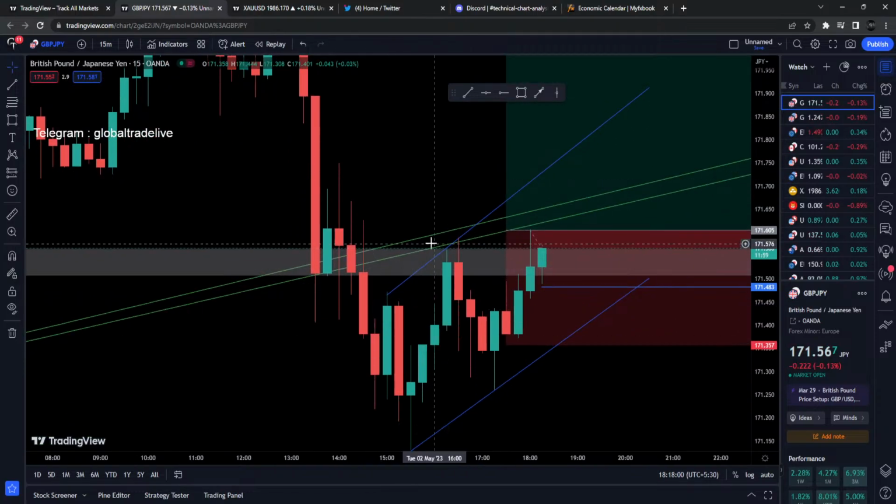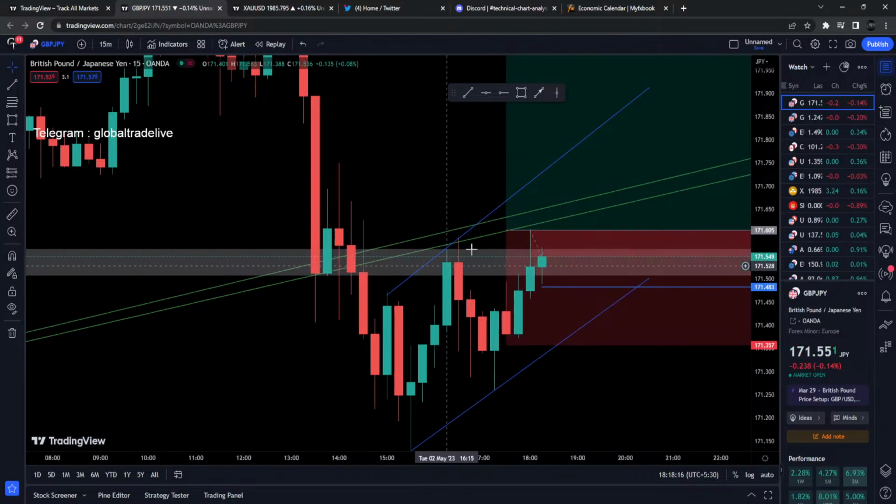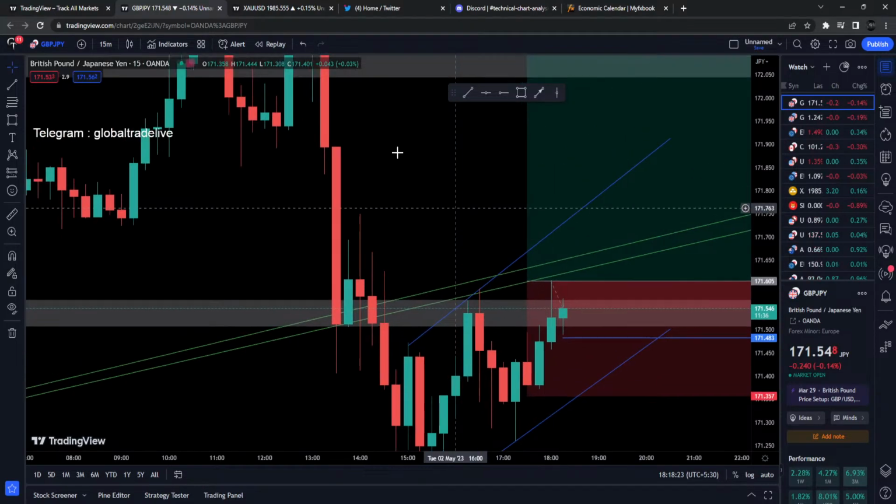So for now I can see that there is a channel over here, so I still think that this candle should move up to the upper blue channel. But obviously nothing is 100%, and we are hovering at a strong level of resistance as well, from where the market just came down earlier as well, so cannot say with guarantee. So let's see what happens.